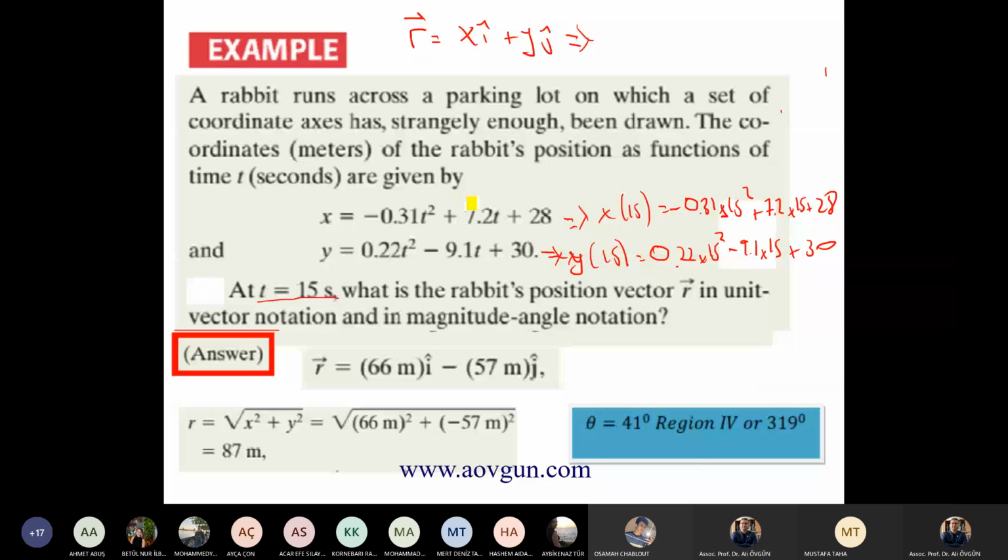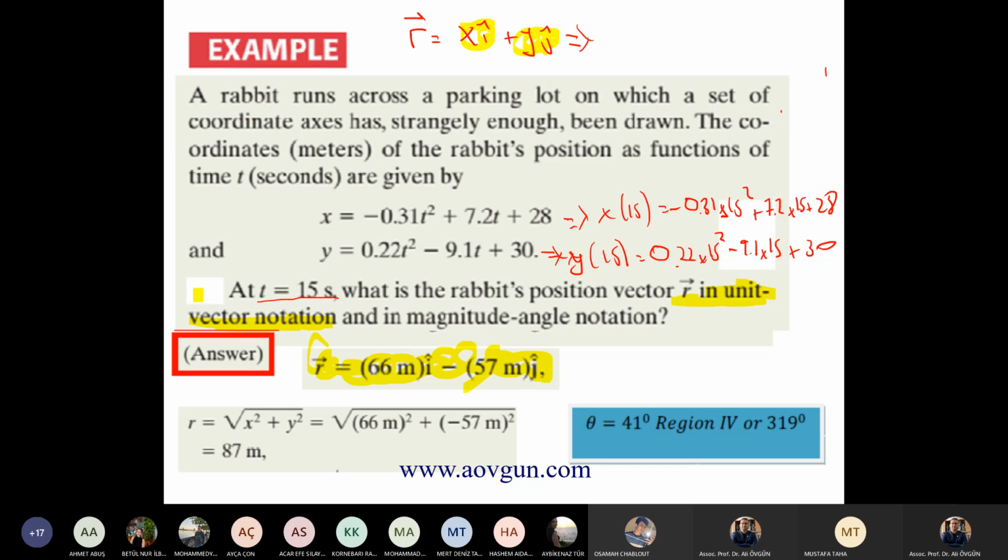Then after the x you put I hat, after the y you put j hat. So this will be your unit vector notation. Unit vector notation means I hat, j hat. This notation is shown to you in the vector chapter. If you look back at your lecture notes, you will see that we already study this notation.